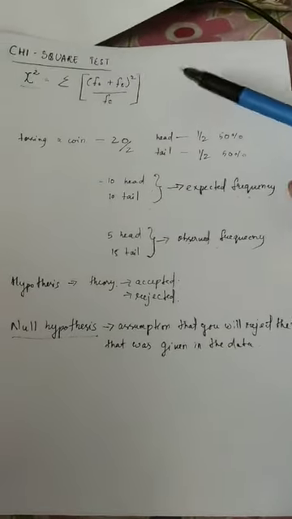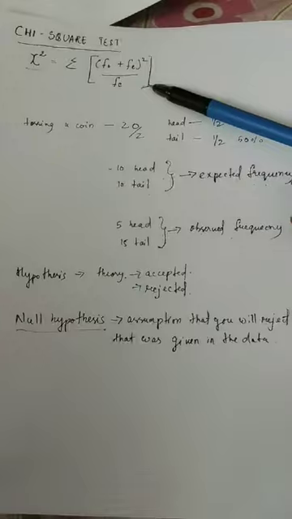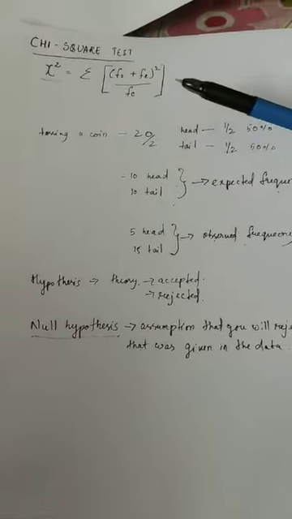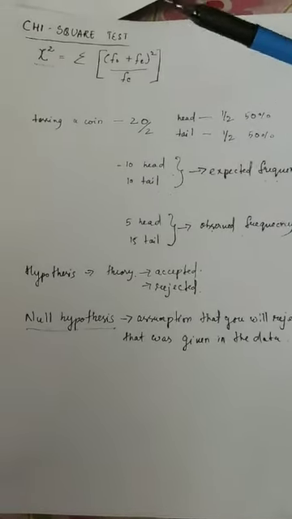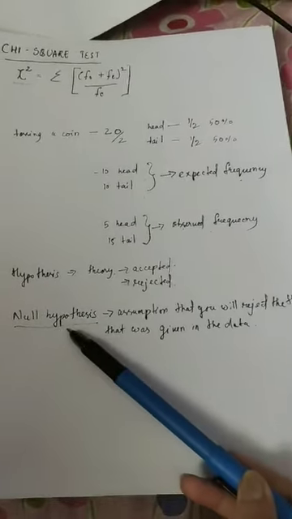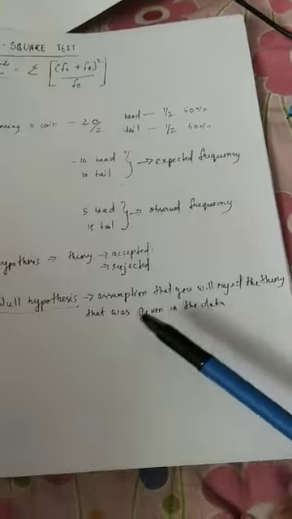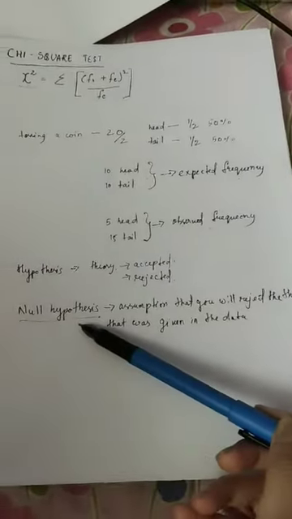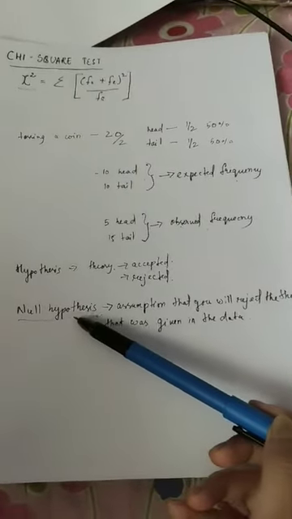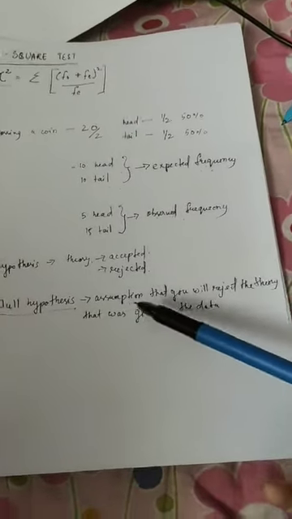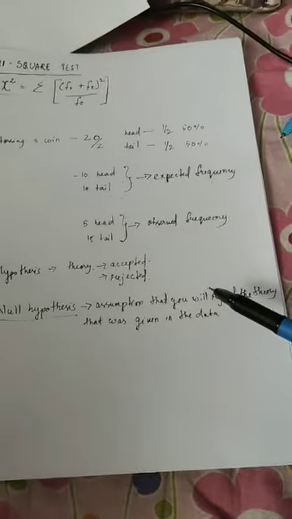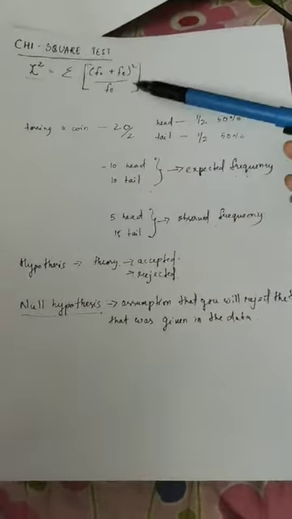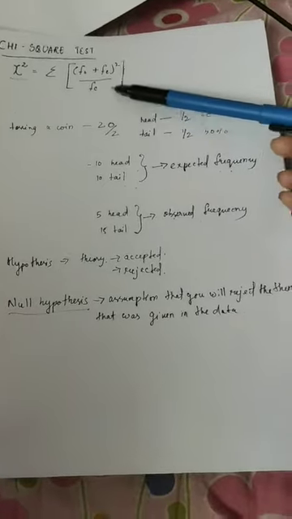By using chi-square and seeing the significance value, we will either accept the null hypothesis, that is, the assumption that you have rejected the already formed theory, or reject the null hypothesis. When you reject the null hypothesis, it means that you have accepted the theory that was formed before testing the data through chi-square.